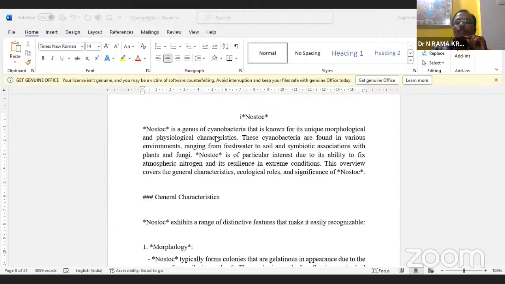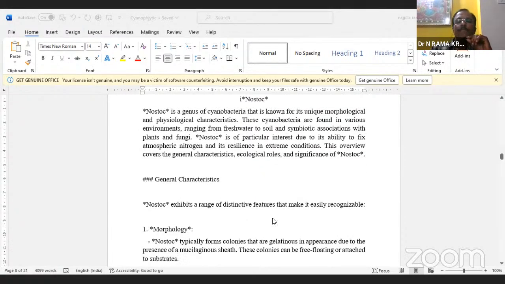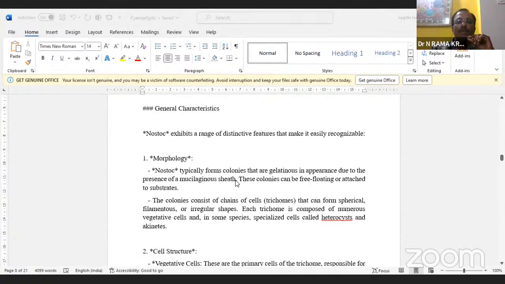Nostoc is found in various environments, in different types of places: lakes, ponds, and in close association with roots. It plays a significant role in the environment. Next, what are the morphological structures?